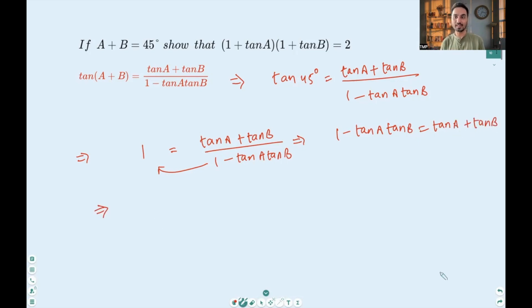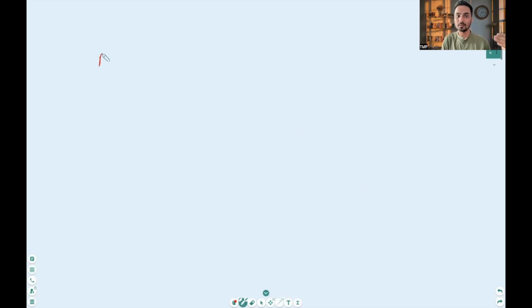Now, if we take all tan terms on one side, we'll get 1 equals tan A plus tan B plus tan A tan B. So we got 1 equals tan A plus tan B plus tan A times tan B. In the required result, the right-hand side is equal to 2, which can be written as 1 plus 1.